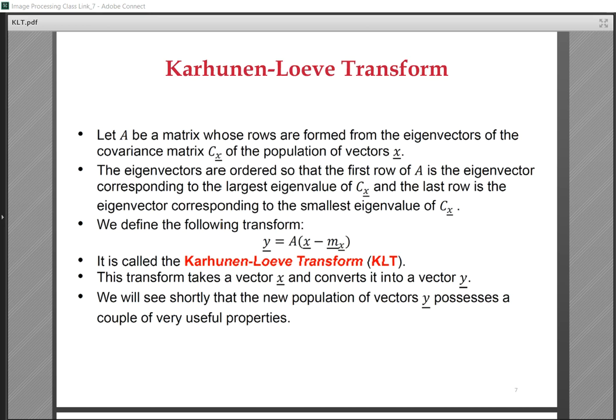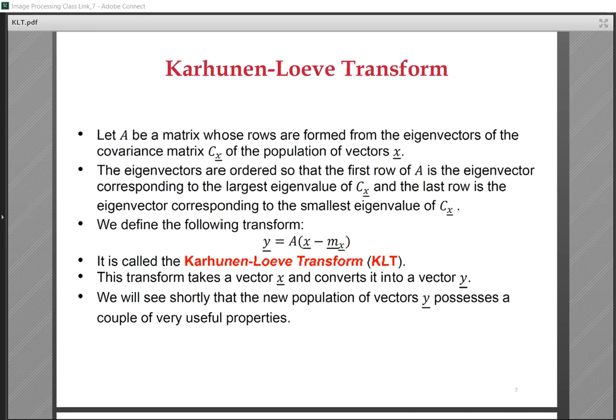We reorder the rows, or the eigenvectors, so that the eigenvector with the largest eigenvalue is in the first row, and the last row contains the eigenvector with the smallest eigenvalue.